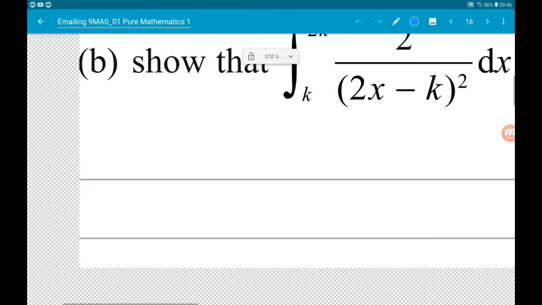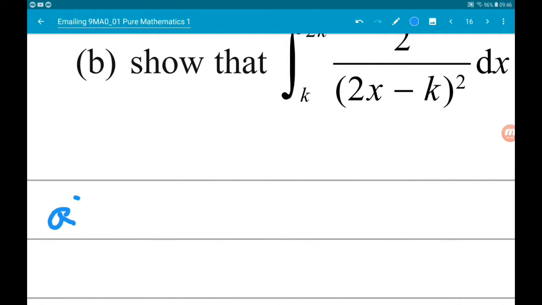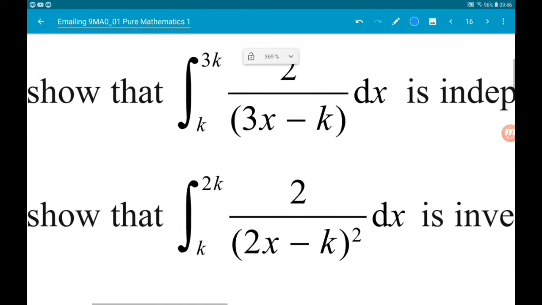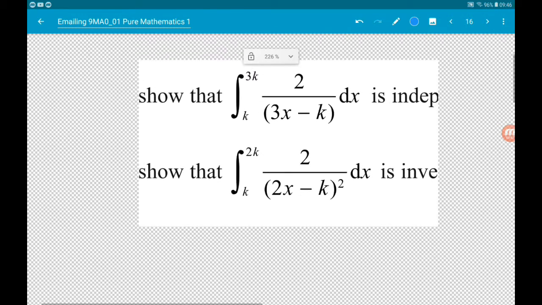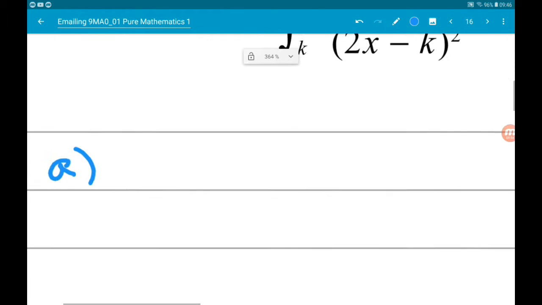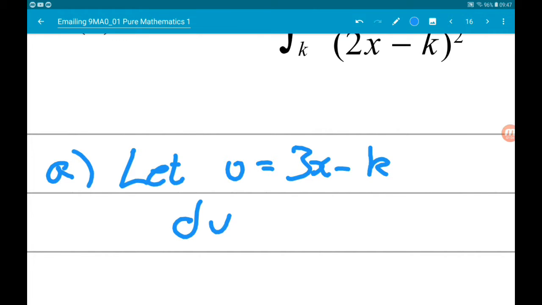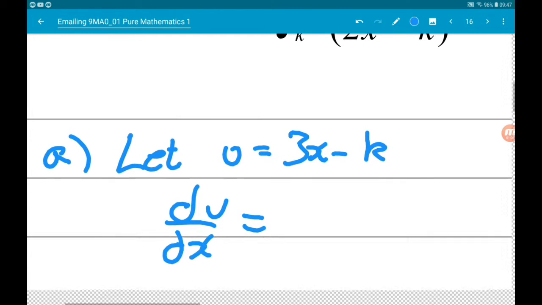So let's use substitution. Let u be 3x minus k, and then du by dx is 3.